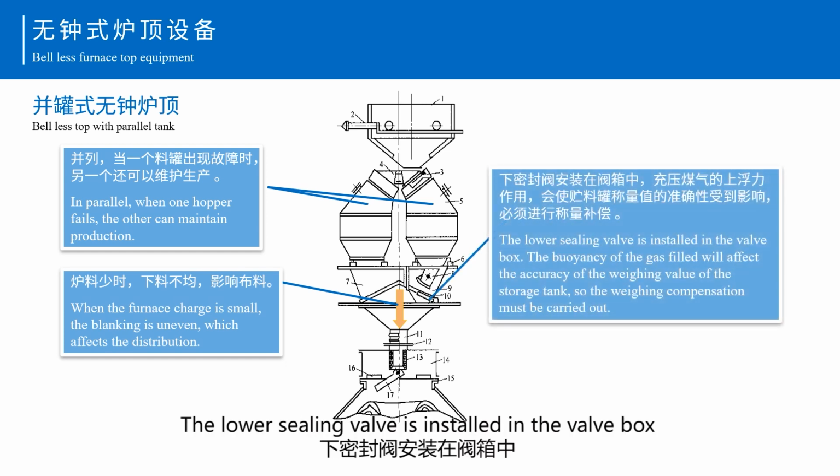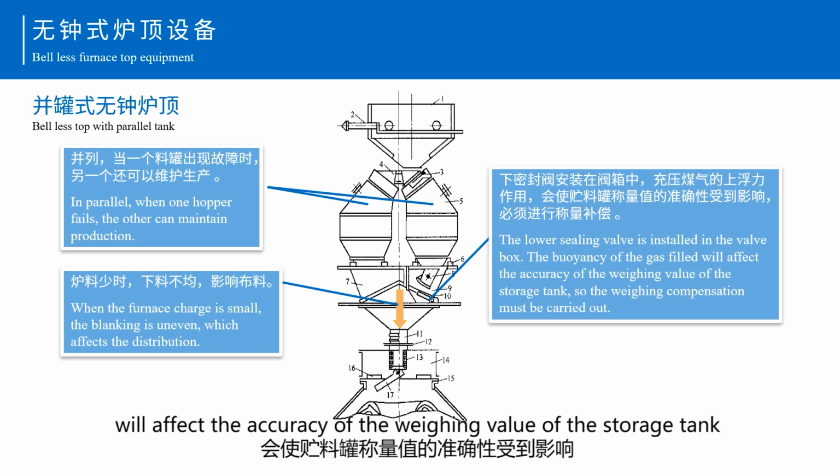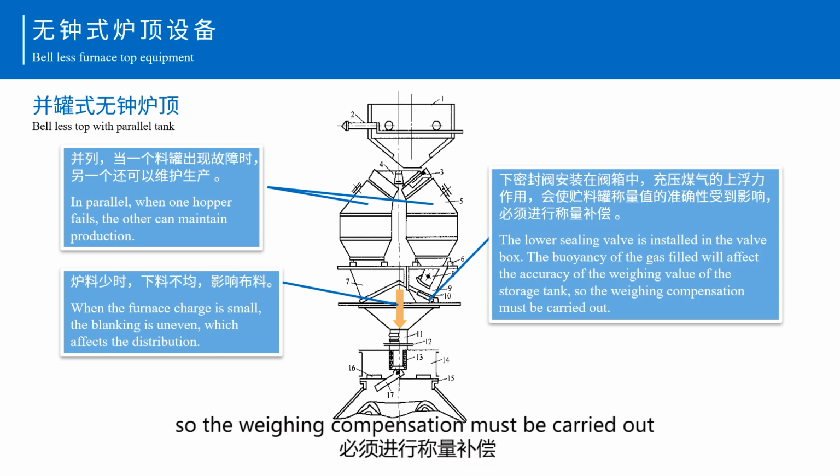The lower sealing valve is installed in the valve box. The buoyancy of the gas will affect the accuracy of the weighing of the storage tank. So the weighing compensation must be carried out.